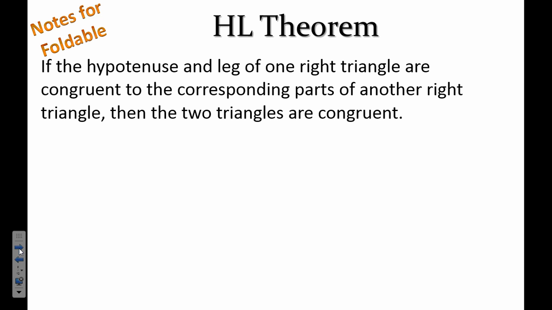The hypotenuse leg theorem says that if the hypotenuse and a leg of a right triangle are congruent to the corresponding leg and hypotenuse of another right triangle, then those two triangles have to be congruent.